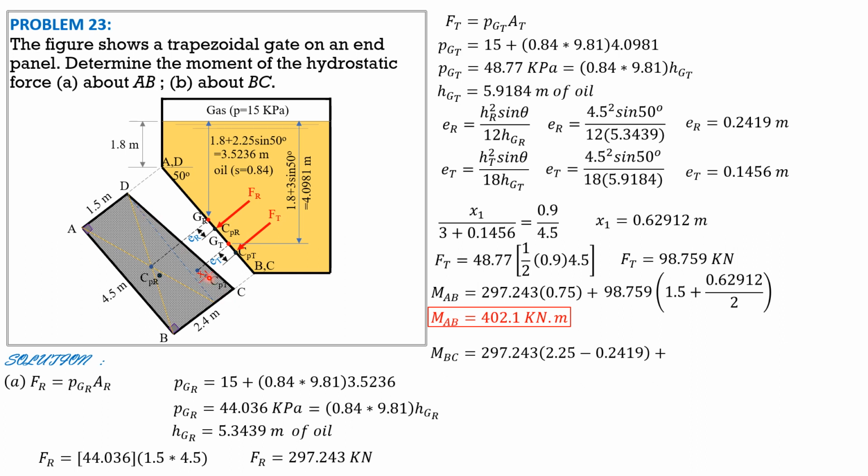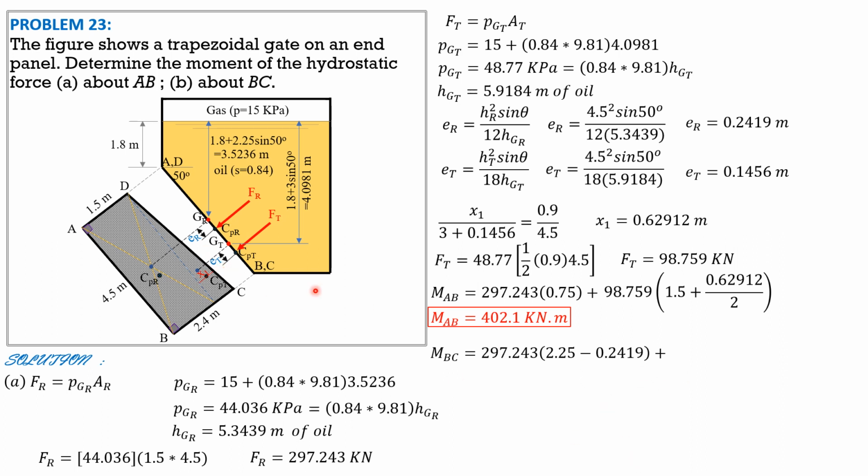area, which is Ft. Since the distance of the centroid of the triangle is 2/3 of 4.5, or 3 meters from A, then its distance from B is 4.5 minus 3, so 1.5. Then minus eD.